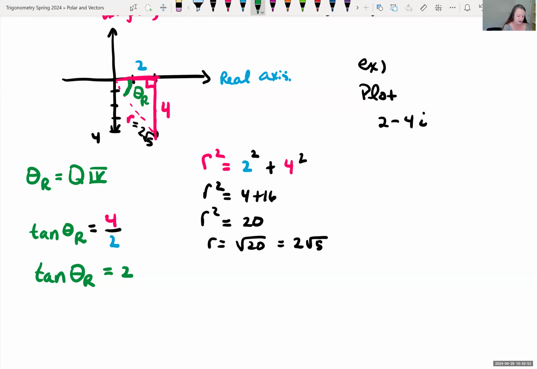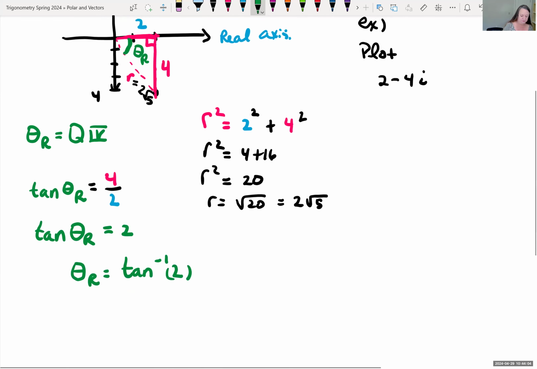Okay, so we can figure out what theta is by taking the tangent inverse of both sides. I'm going to pull out the calculator. Making sure your calculator is in radians, looking at tangent inverse of 2, we get approximately 1.1. This, though, is in the fourth quadrant.